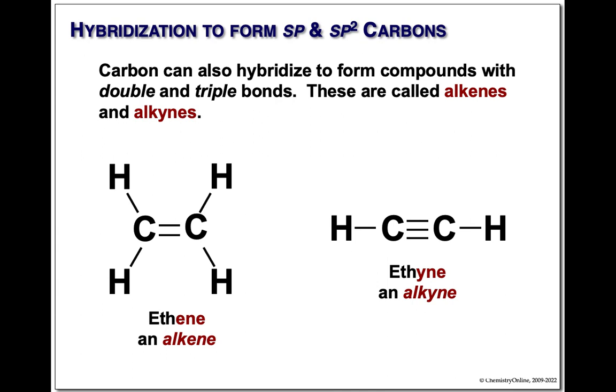Now, when we go to make a double bond, what we're going to do is take orbitals and hybridize them. Again, we're looking for lowest energy.